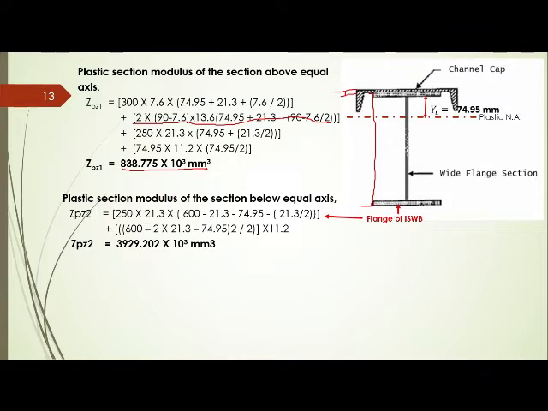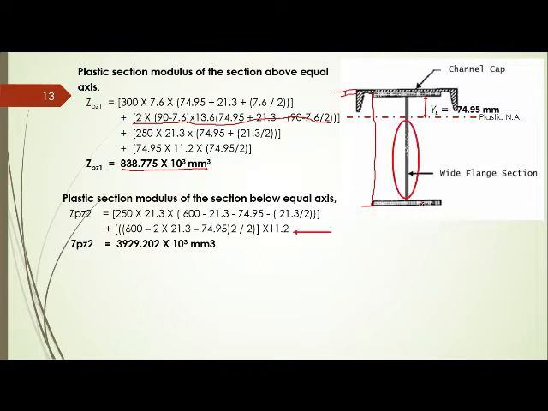So how it is coming? So it is 600, then we have subtracted 21.3, then we have subtracted 21.3, then we have subtracted this one, and then for this 21.3 by 2. So here to here the CG distance has been calculated.